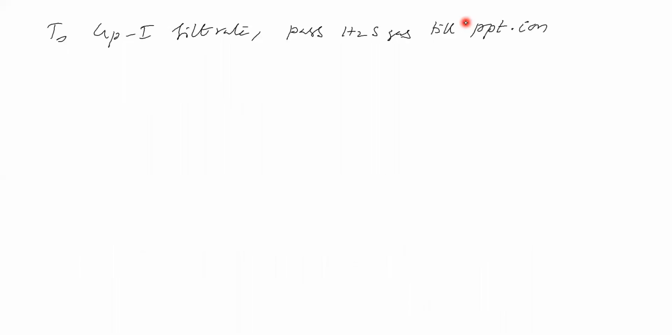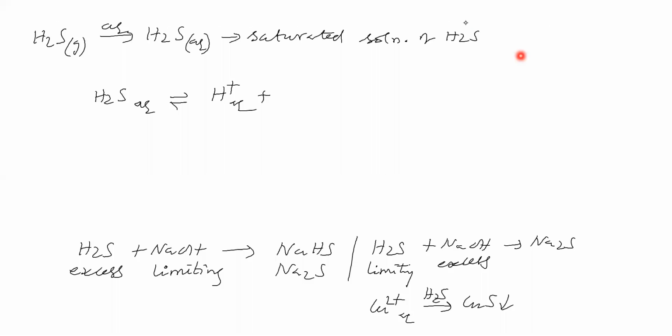In group analysis, when you are doing cationic analysis, we do like this: to the group 1 filtrate, pass H2S gas till precipitation. Suppose we take copper sulfate salt in the group 1 filtrate and pass H2S gas till precipitation. We get CuS, a black precipitate.